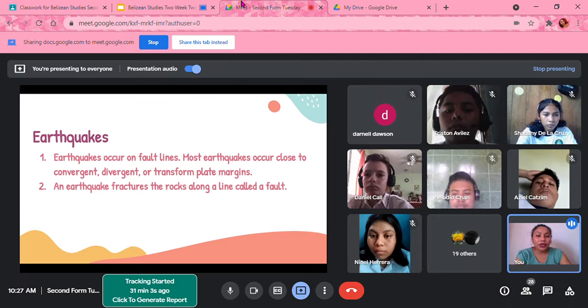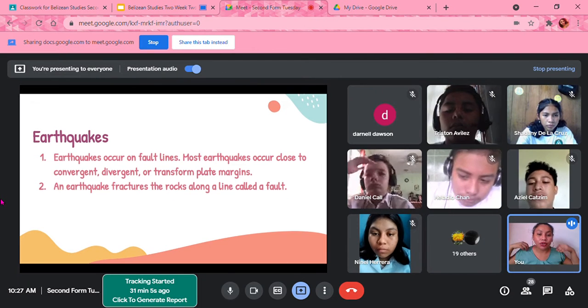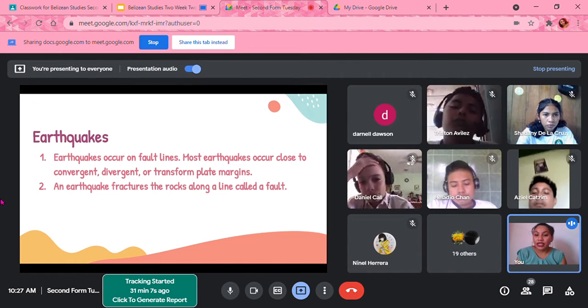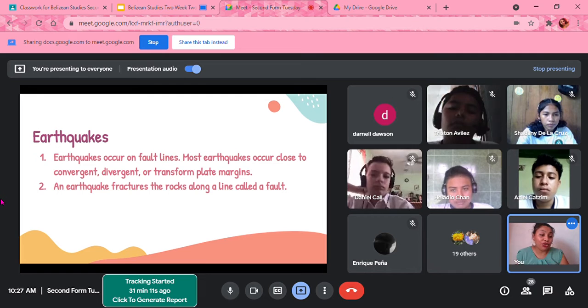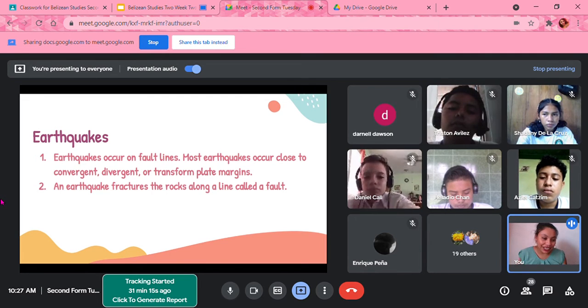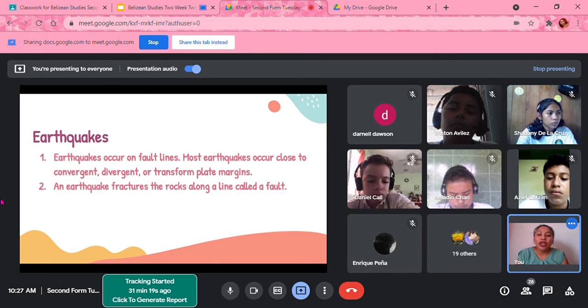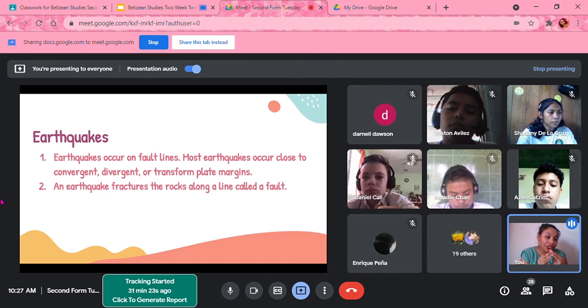So now, earthquakes occur at fault lines. Most earthquakes occur at convergent, divergent, or transform plate boundaries, meaning that earthquakes can happen at three different movements. It's easy for an earthquake to happen if we have converging, which means the plates are moving together and they crash.